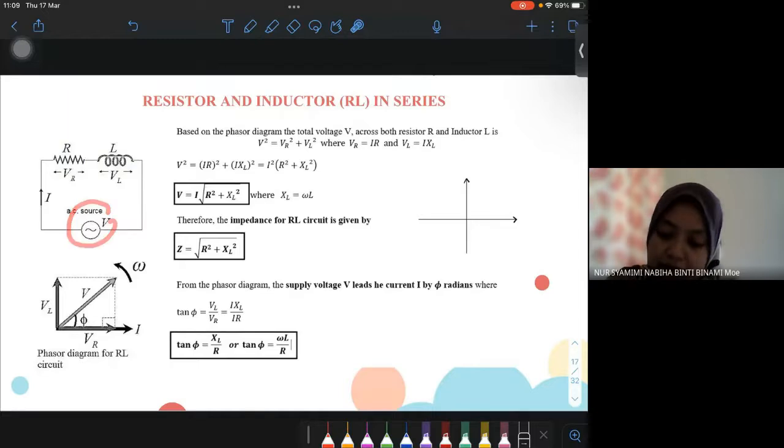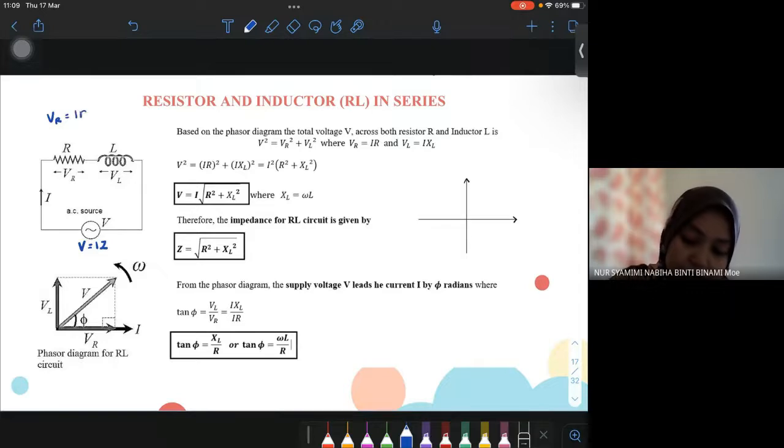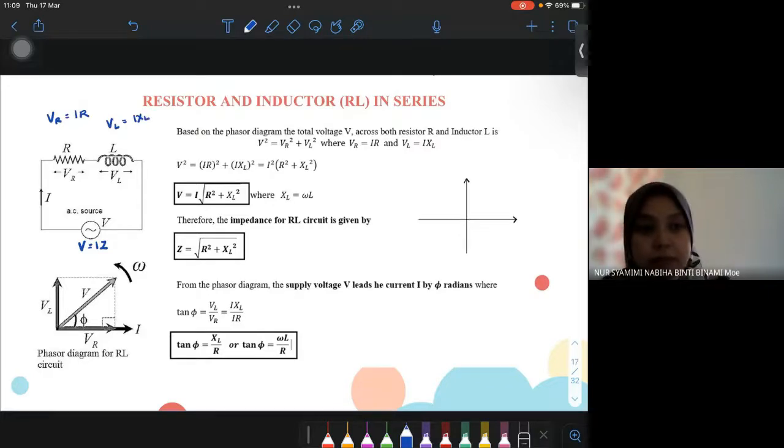Kalau dekat AC source, kita akan ada V dia sendiri, which is V is equals to IZ. Ada resistor, akan ada V across resistor equals to IR. Dan ada inductor, VL equals to IXL.